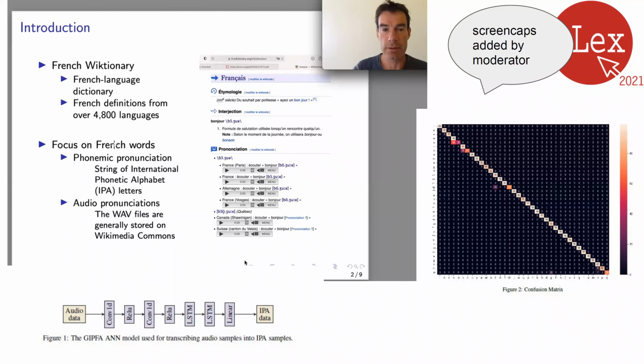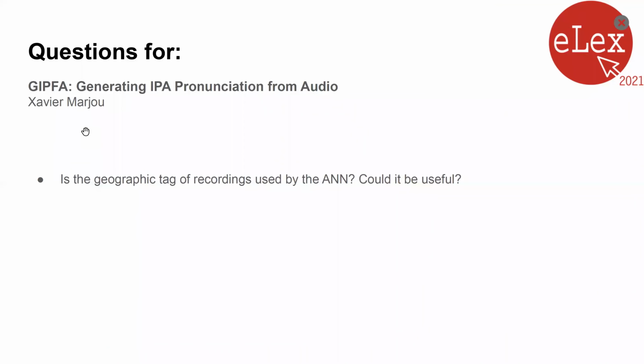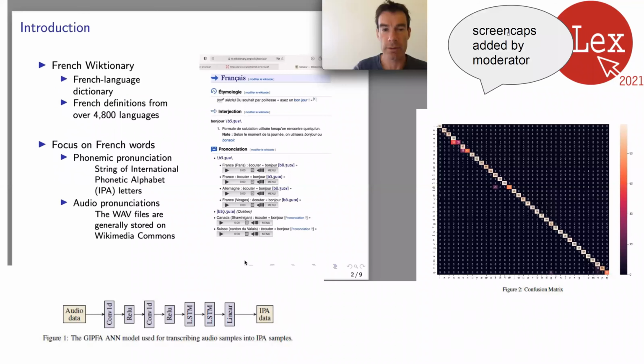I already have one question for you, Xavier. I've put it also in my slides. If you look at what you also give in your online presentation, most of these sound files have some geolocation attached to them, probably to show that it's a specific accent, even though some of them still have the same phonetic transcription.